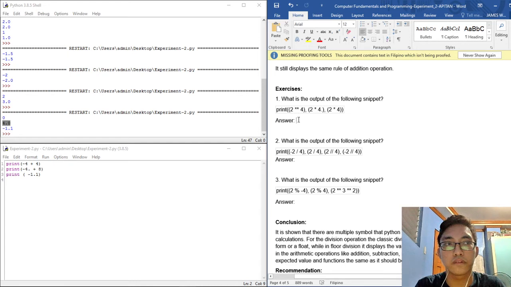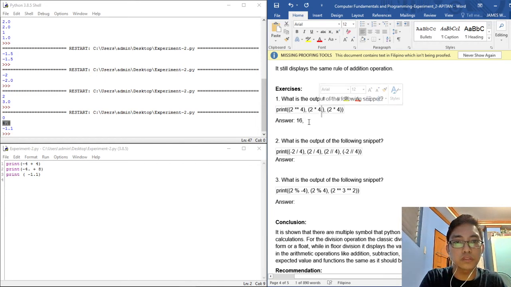It will be 2 times 2 is 4, 8, and 16. It is 16. Next is 2 times 4. The 4 here is a float. It will be 8.0. Next is an integer, 4 times 2 is 8.